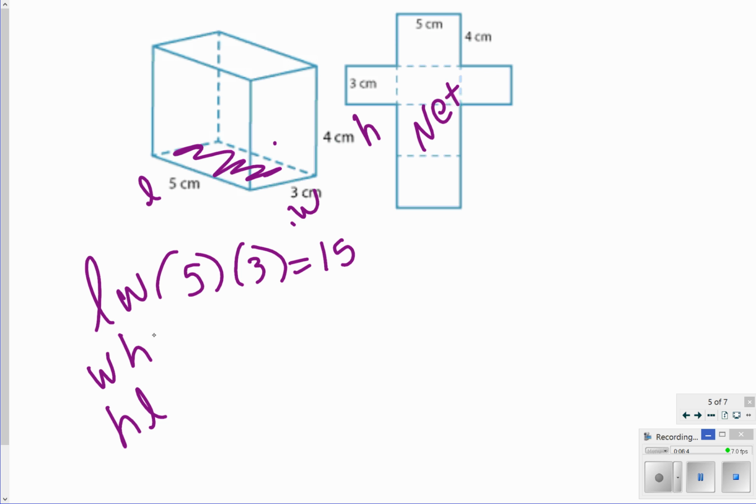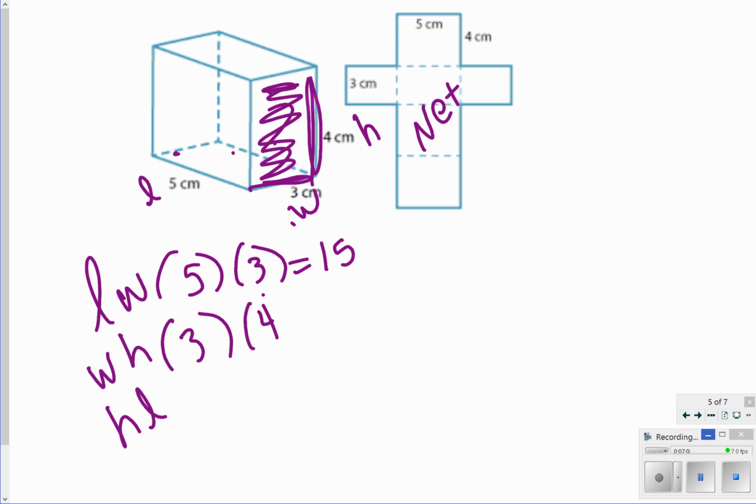Now, width times height is going to give us this front shape right here. Our width right here times our height right here will give us this front area. So our width is 3 and our height is 4, so that will give us 12.